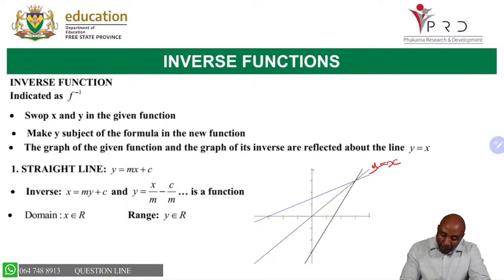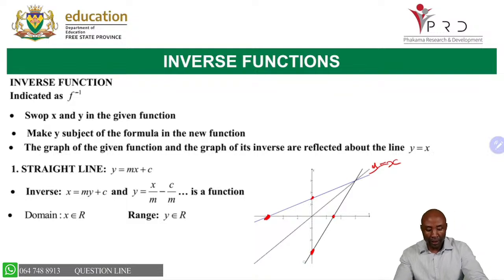And remember, the coordinates of the x-intercept become the coordinates of the y-intercept on the inverse function. Whatever we have as the y-intercept on the original function becomes the x-intercept. So we swap x and y on the inverse and the original function there.